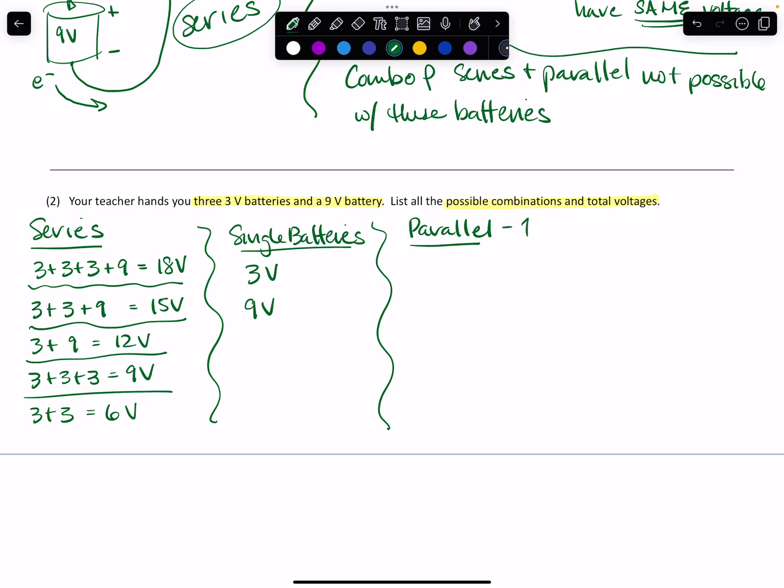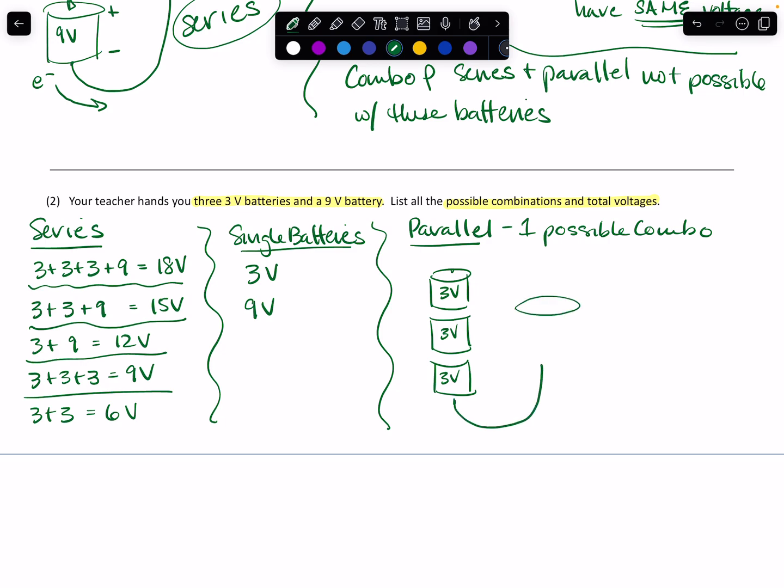There's only one possible combo here. I would need to put the three 3-volt batteries in series and then set that set in parallel to the 9-volt. So in other words, my 3-volt batteries are in series with each other, positive to negative, and then in parallel is my 9-volt battery.